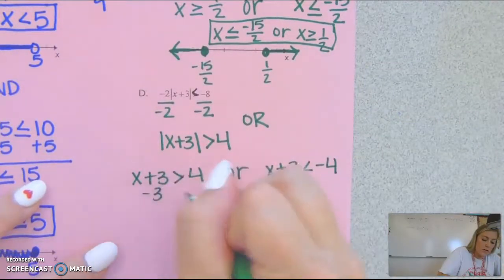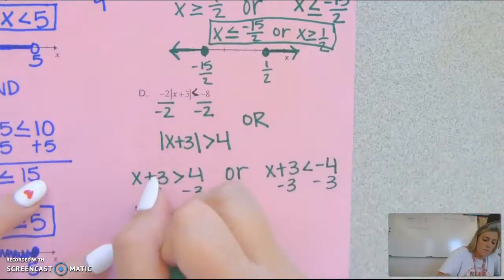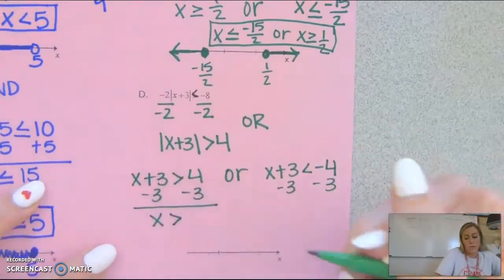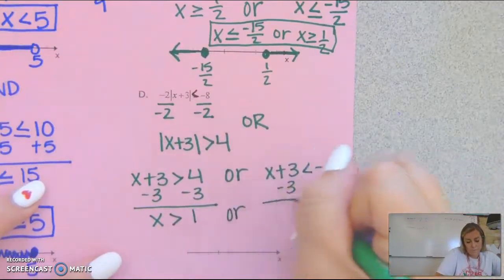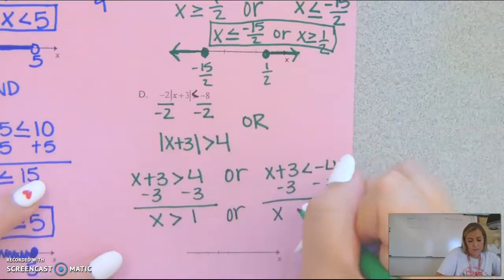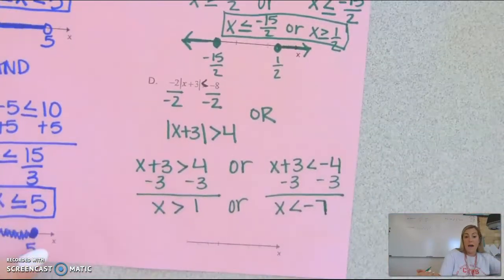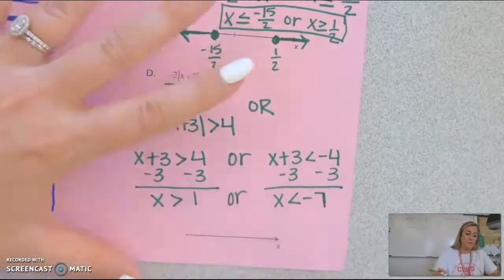Then you subtract. Over here, x is greater than 1, or x is less than -7. But I'm mad because my smaller number is on the left, so let's rewrite that.